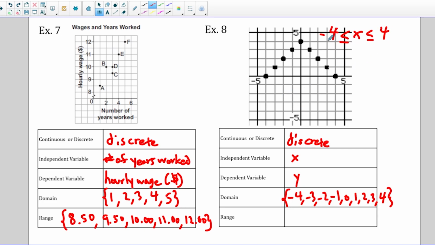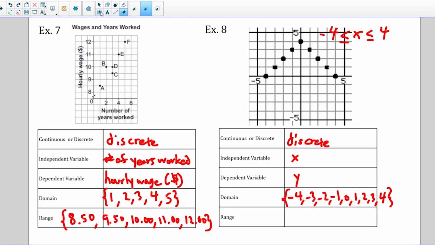This is everything between -4 and +4 inclusive. So would I be able to have values like x is equal to 0.5? And the answer is no, there's nothing when x is equal to 0.5, which would be right here. We can't assume that we can connect these lines, right? We only have these 9 data points. We can't assume anything in this case without any sort of context. So if you were to do this, that would be incorrect.